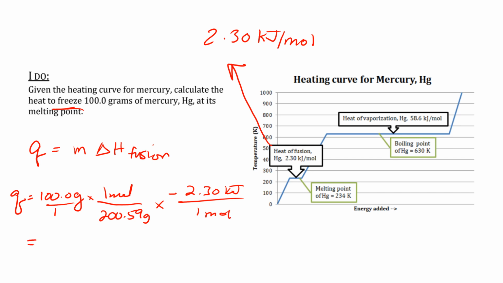So I do my math, and I end up with negative 1.147 kilojoules. If you're curious about sig figs, the heat of fusion and the molar mass are constants, so I don't have to worry about that. The number of sig figs will come from the problem.